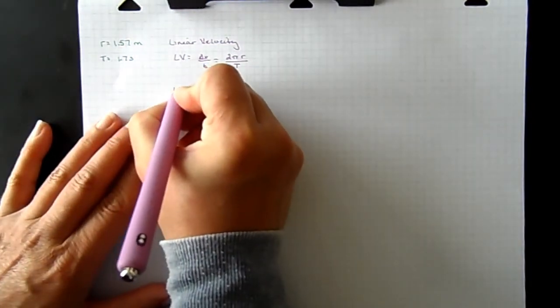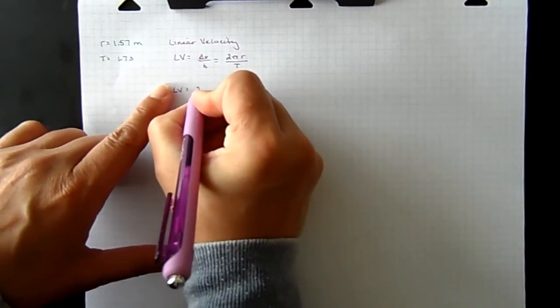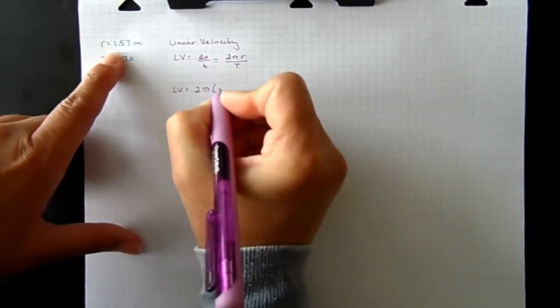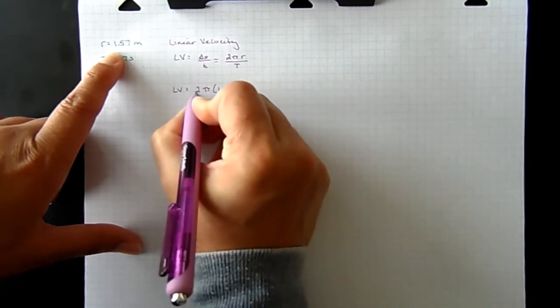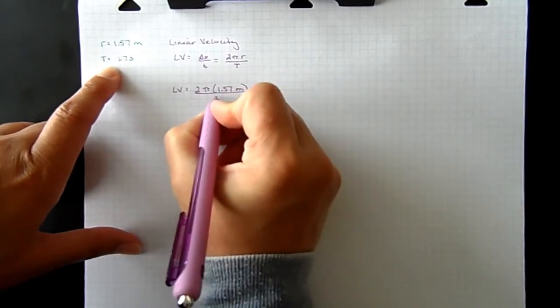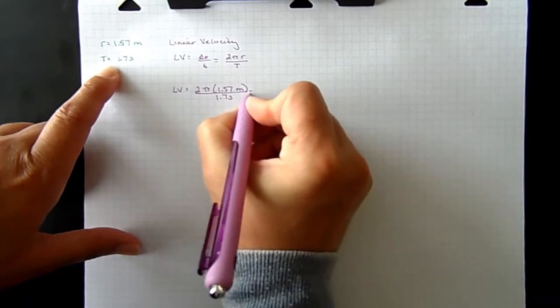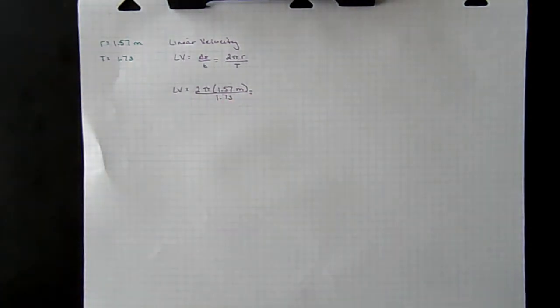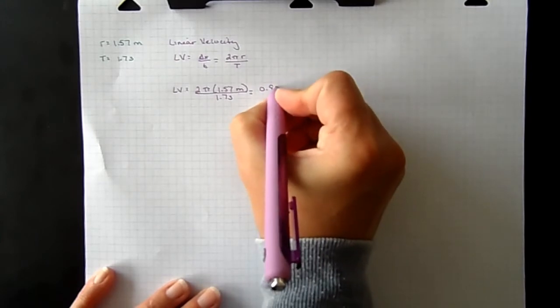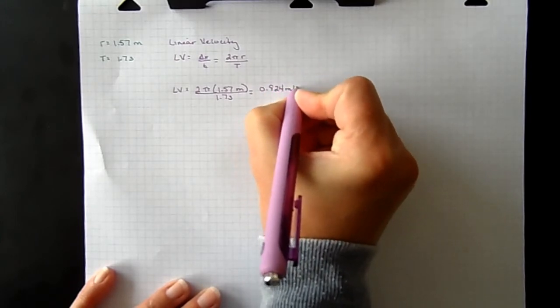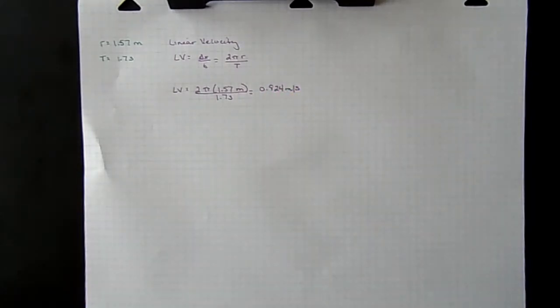So linear velocity is going to be 2 times pi times our radius in meters divided by the time in seconds for 1 revolution. And then if we calculate that, we're going to get 0.924 meters per second, which is pretty fast for a little car.